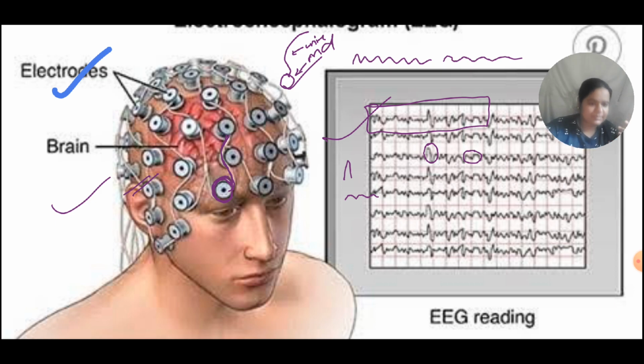Now, metal is a good conductor of electricity. So what these metal discs do is they pick up electric activity from the underlying part of wherever they have been attached. Like you can see, there are so many electrodes on the person's scalp. Each electrode is picking up electric activity from the neurons which are just under that electrode. From the surface of the brain, of course, the electrodes are not going deep into the brain.